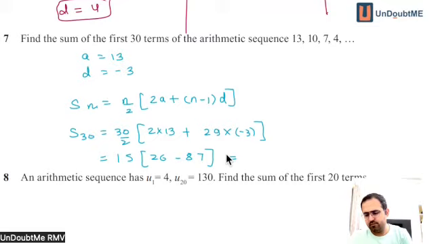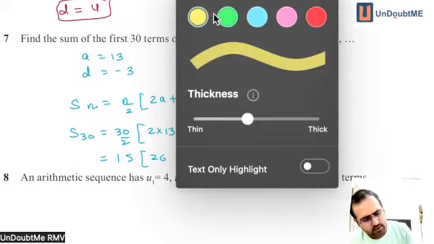So negative 61. 26 minus 87 is negative 61, times 15. So I got negative 915. Yeah, negative 915 is correct.